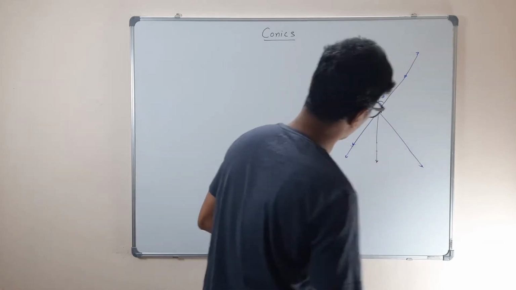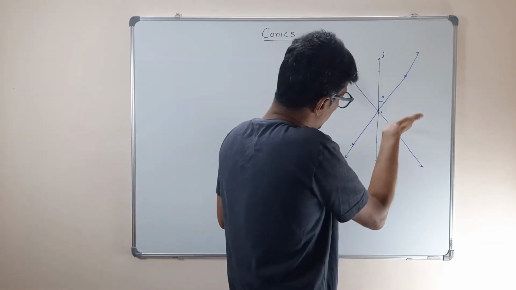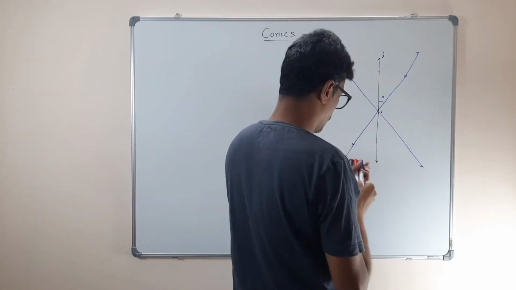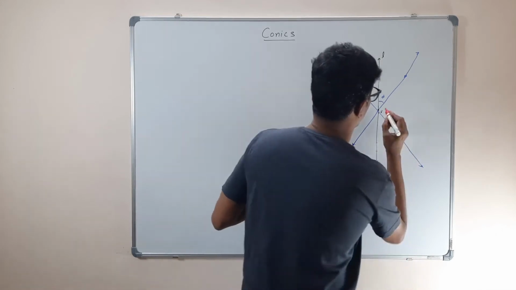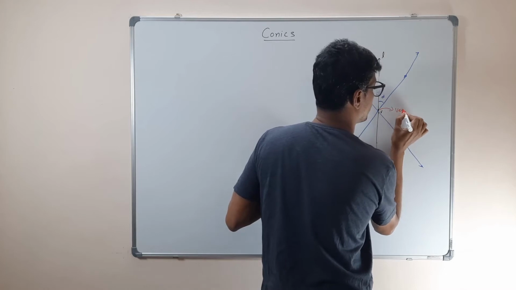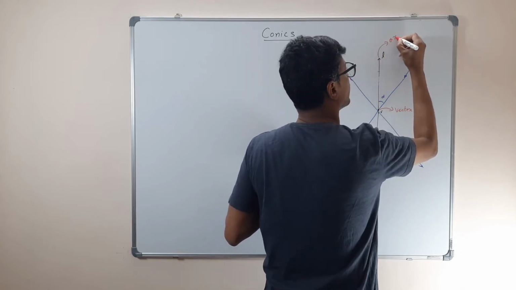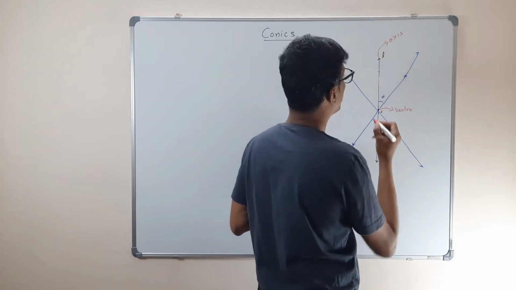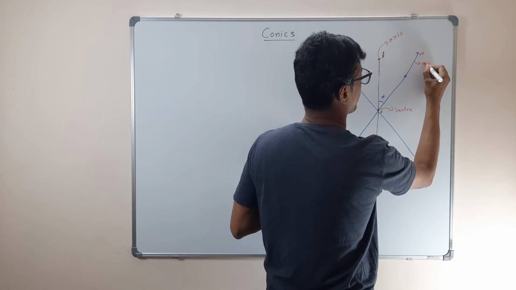This is your vertex. This is your axis. That's your line L, and let us call this line M, and this is your generator.